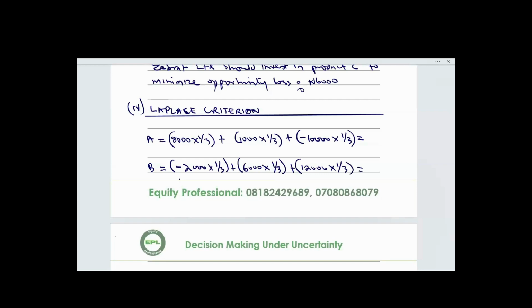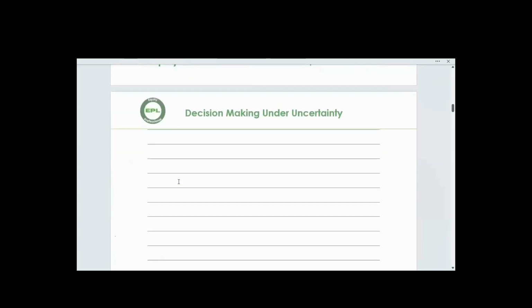I will get the answer. Then I will move to alternative C. Under alternative C for boom we have 16,000 multiplied by 1/3, plus under steady we have 0 multiplied by 1/3, plus under recession 26,000 multiplied by 1/3.